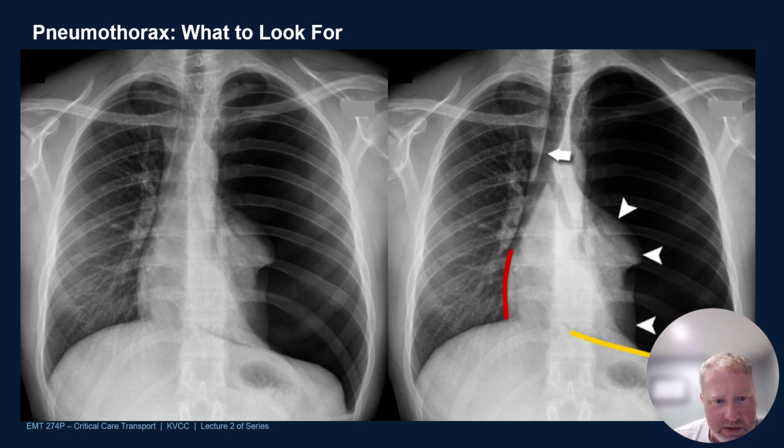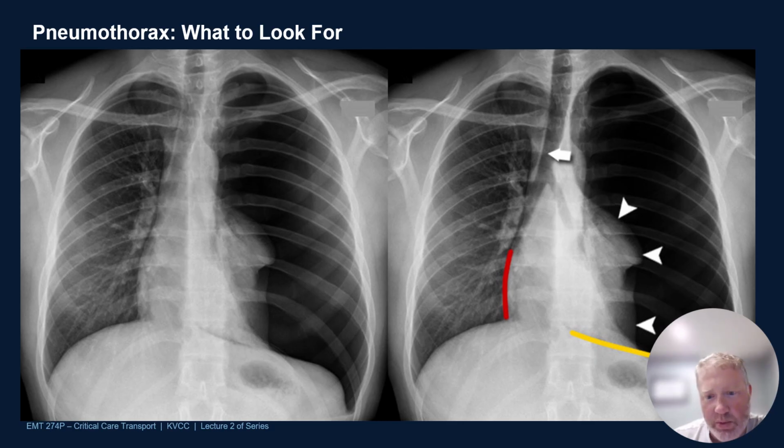Here we've got a slight tracheal deviation with a pneumo on the left, more pronounced down here where it's solid black. Notice that the cardiac silhouette is kind of cut off. It's a little more visible here, but still not what it should be. The cardiac silhouette should be all the way around like so.